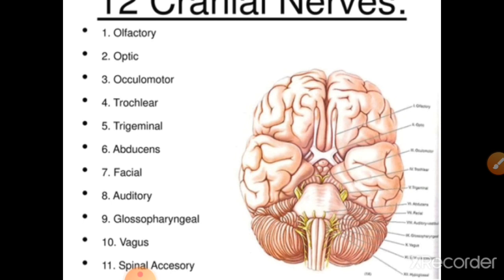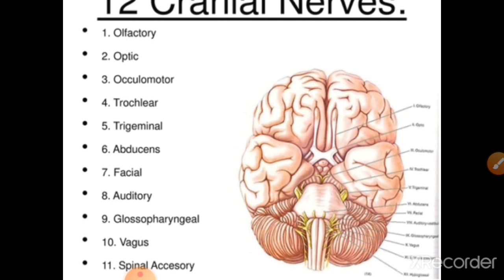So similarly, we have trochlear, trigeminal, which is the fifth nerve which goes to your face. Alright, abducens, facial, auditory, you know it goes to the ears. Glossopharyngeal, which goes to your tongue and throat. Alright, from the brain stem, that is the medulla oblongata, we have similarly the 10th nerve, which is known as vagus.